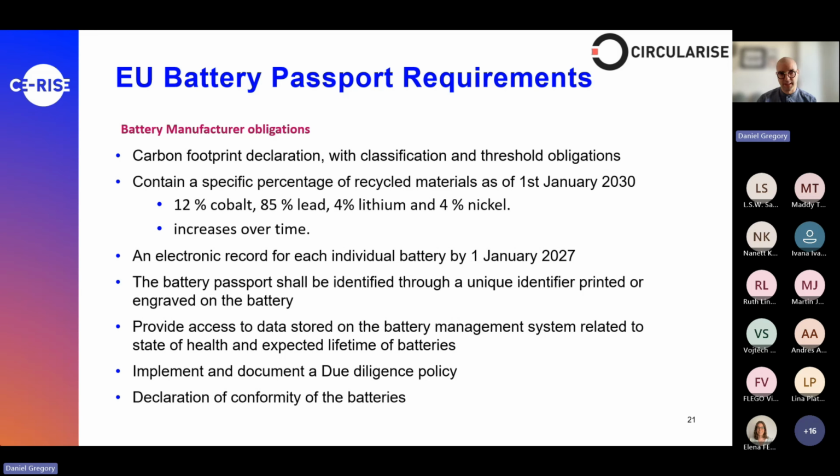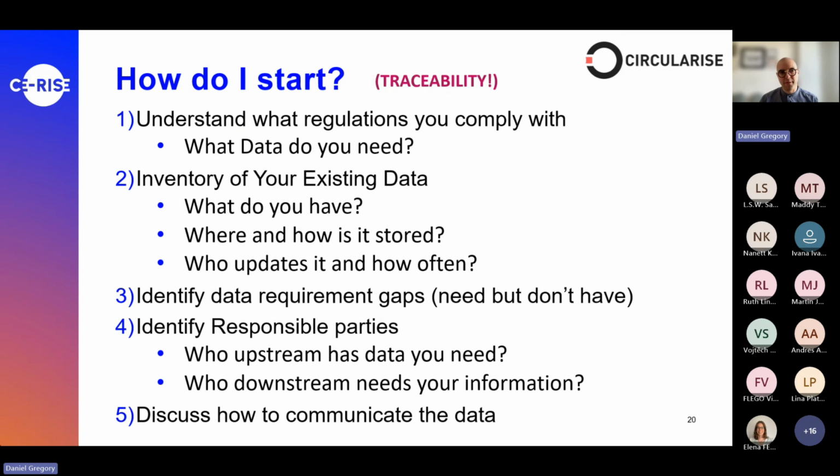So proving that the battery is what you say it is and has all of the different characteristics that are claimed. So all of these different kinds of things that you might need from a regulatory perspective can all be stored on the battery and can all be found within the supply chain or within a manufacturer's operations. So knowing all of that, how do you start?